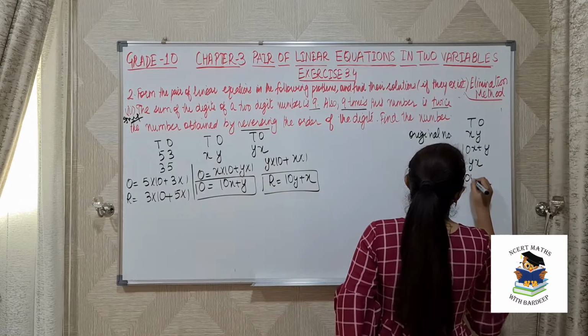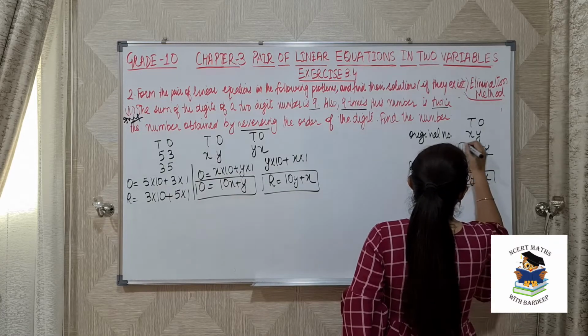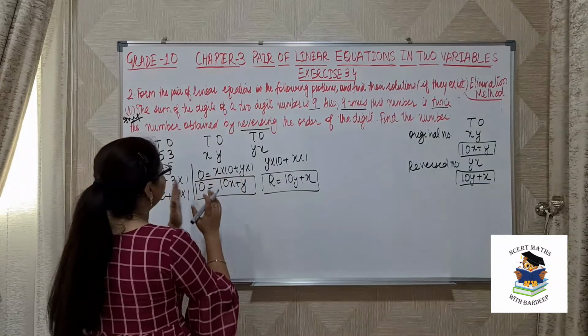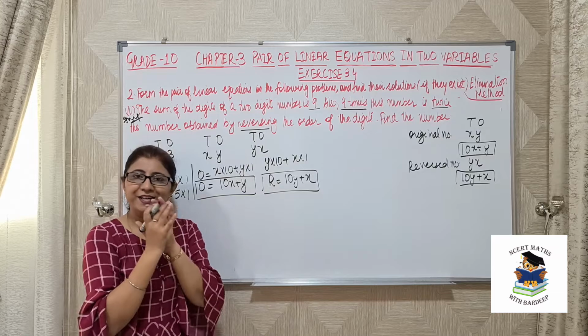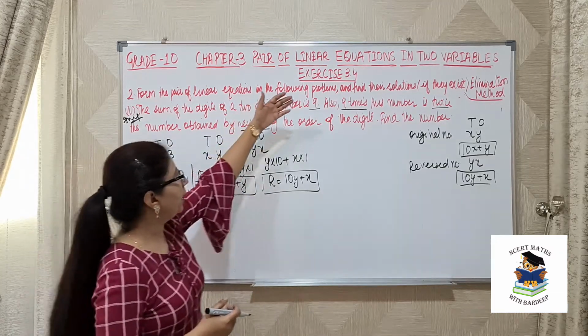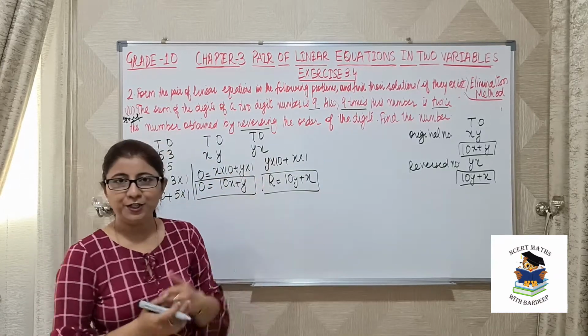This is equal to 10y plus x. Okay. So now what is the condition? Sum of the digits means one digit is x, second digit is y. So sum of the digits means x plus y. So x plus y is given to us as 9, and then we will frame the second equation.